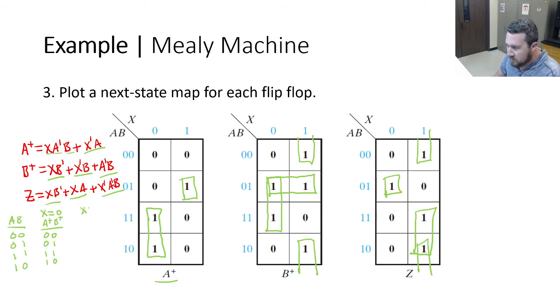And then for X equals 1, A plus is going to give us 0, 1, 0, 0, and B plus is going to be 1, 1, 0, 1.